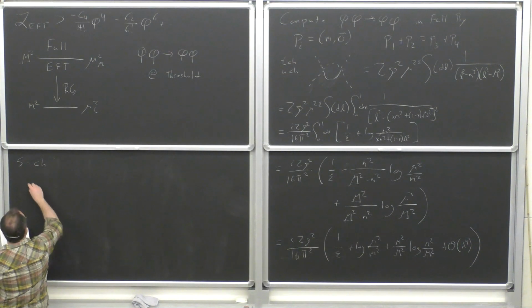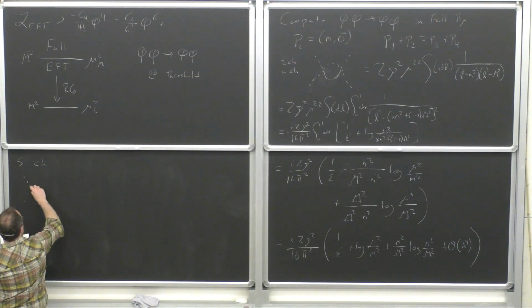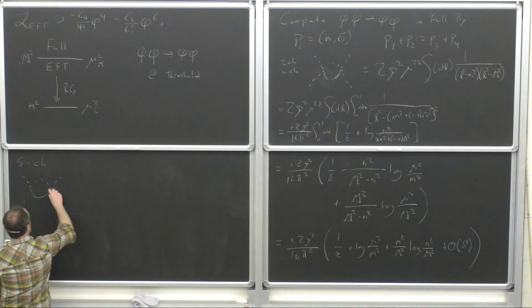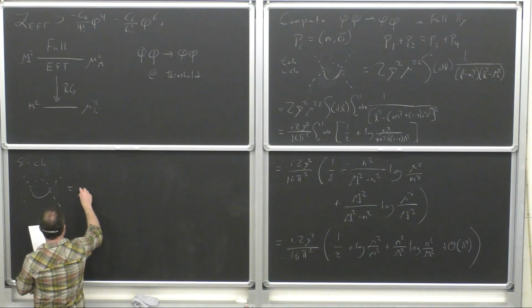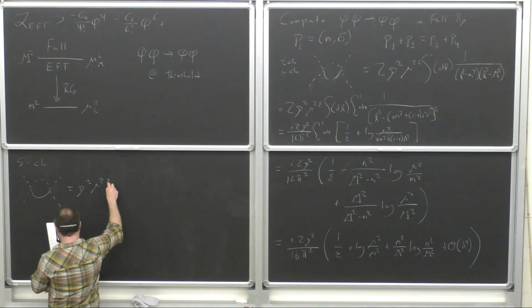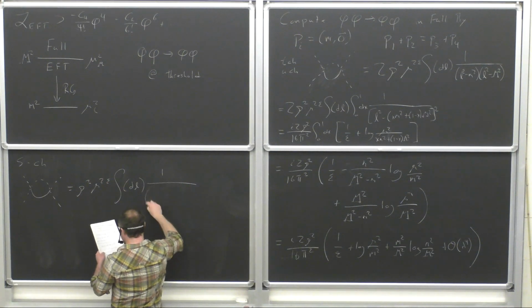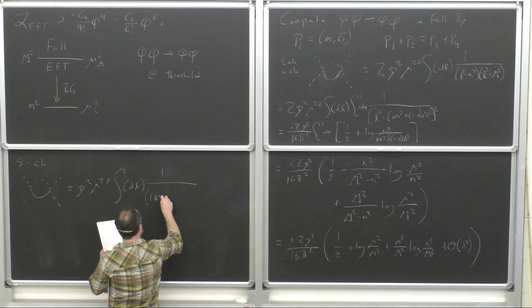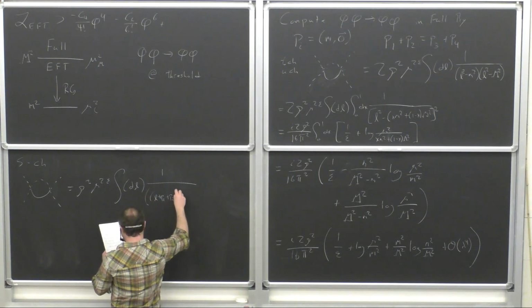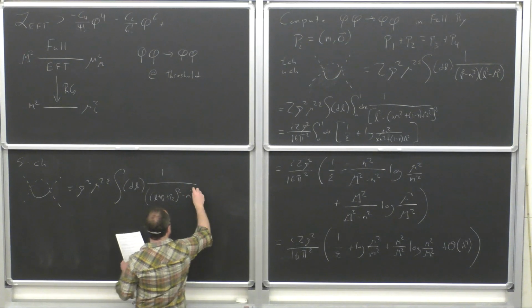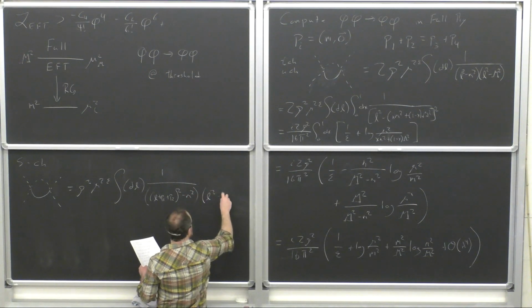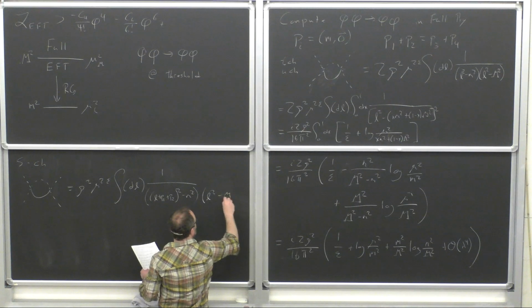So now this heavy light log is rho squared mu to the 2 epsilon integral dl 1 over L plus P1 plus P2 squared minus m squared times L squared minus capital M squared.